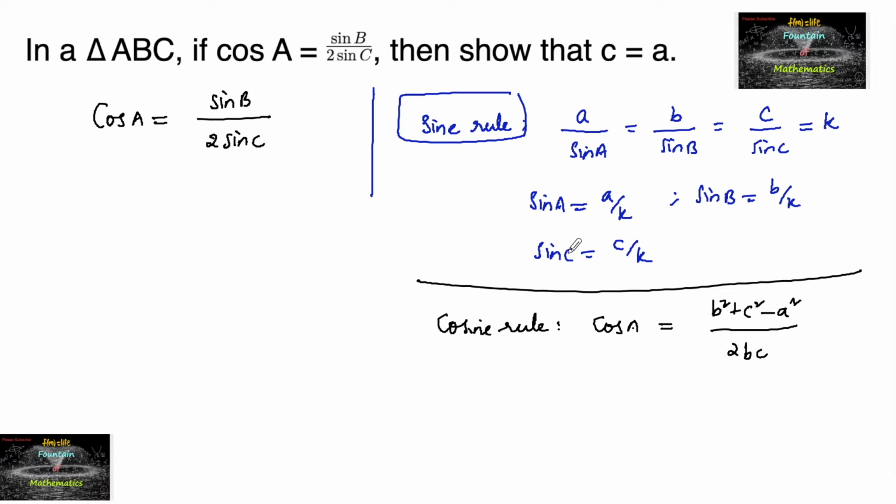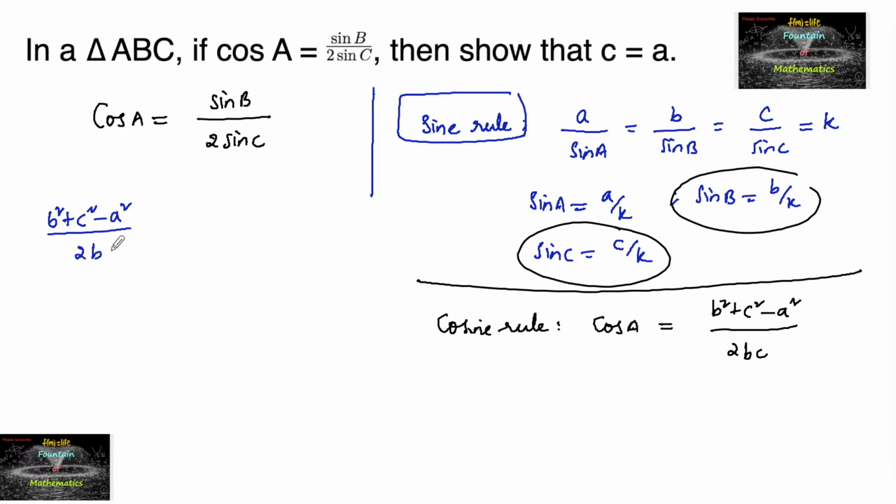So let us apply this sin B value, sin C value and cosine rule cos A values in the given equation, so that we will get cos A, that is b square plus c square minus a square upon 2bc is equal to sin B can be written b upon k divided by 2 times of sin C is nothing but c upon k, so that we can cancel this k and k.